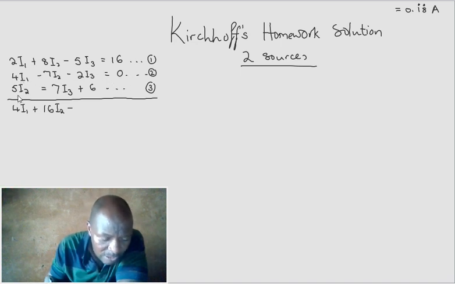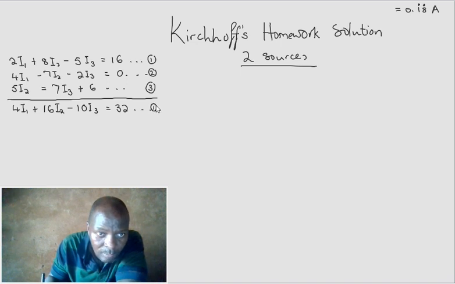Yes, the other ones are fine. So that mistake was there. This is minus 10i3. I'm multiplying by 2, equal to 32. Okay, that was equation 1 times 2, which I will now call equation 4.